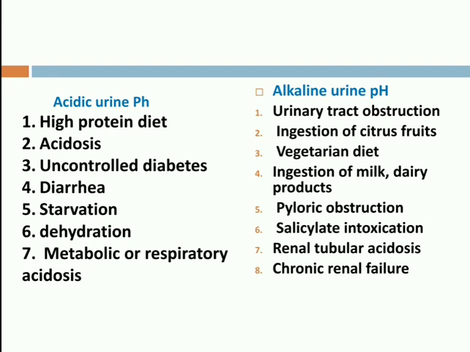We can see acidic urine pH during high protein diet, acidosis, uncontrolled diabetes, diarrhea, starvation, dehydration, and alkaline urine pH during urinary tract obstruction, ingestion of citrus fruit, milk and dairy products, pyloric obstruction, chronic renal failure.